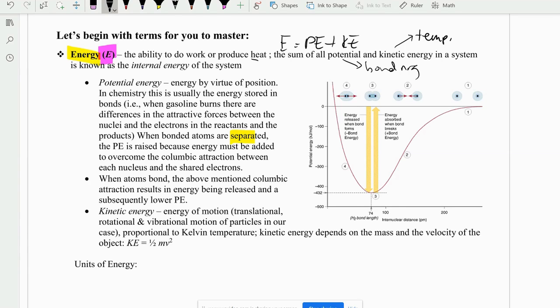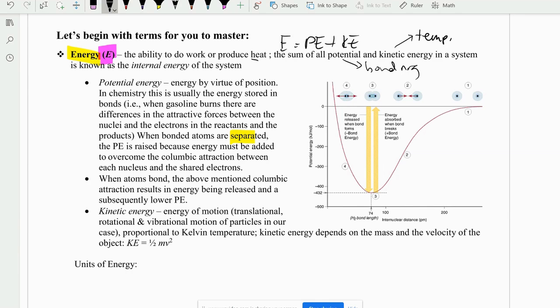In other words, potential energy is raised as energy is added into the system to break those bonds. The converse is true: when atoms form a bond, the Coulombic attraction between those two atoms results in energy being released, which lowers the potential energy of the system we're looking at.